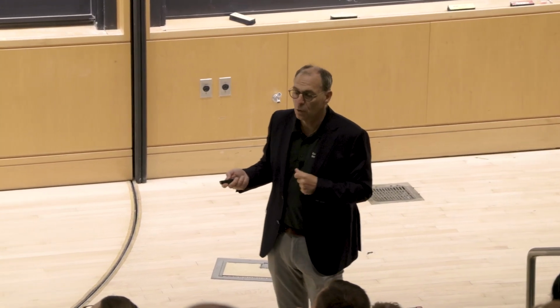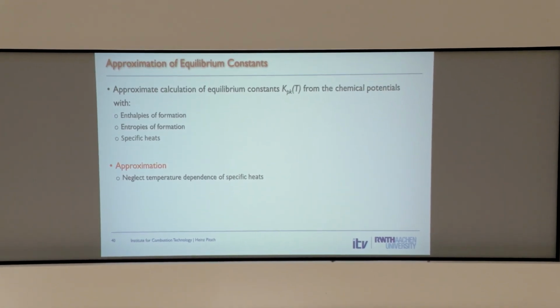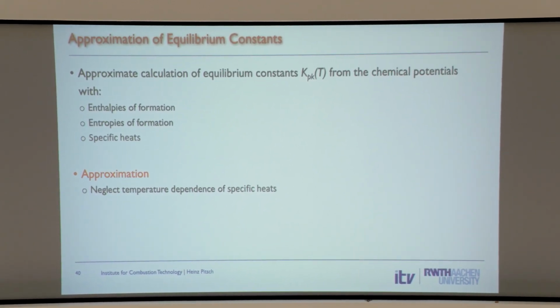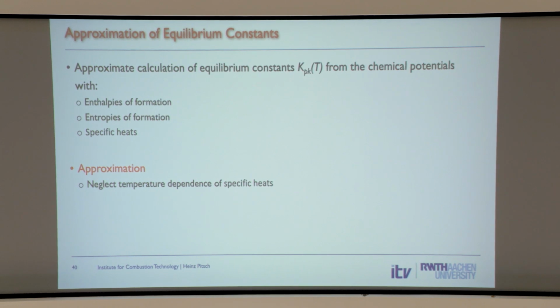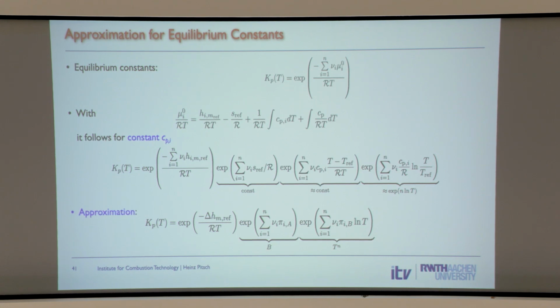But we can try to approximate these. The approximation will give you something that is not super accurate, but it's something that you can use to do back-of-the-envelope calculations. Sometimes that's very helpful.